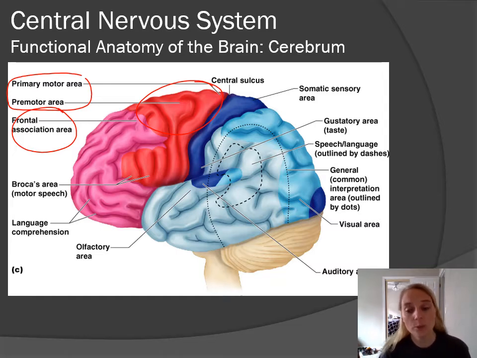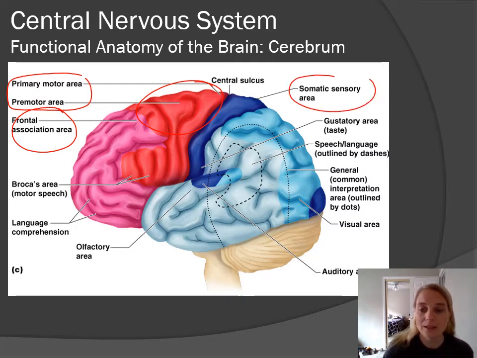Okay. The parietal, occipital, and temporal lobes deal a lot with sensory information coming in. So we have what's called the somatic sensory area. Remember, somatic means conscious. So that somatic sensory area is bringing in information that we are consciously aware of. We have our gustatory area, right down here on our temporal lobe.